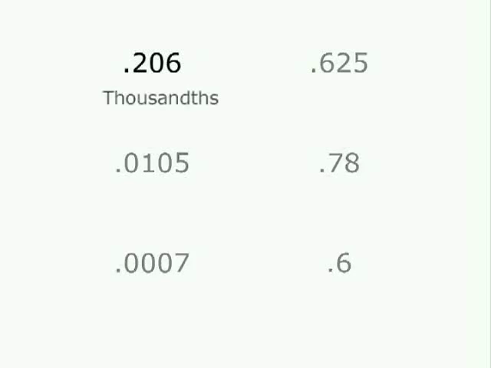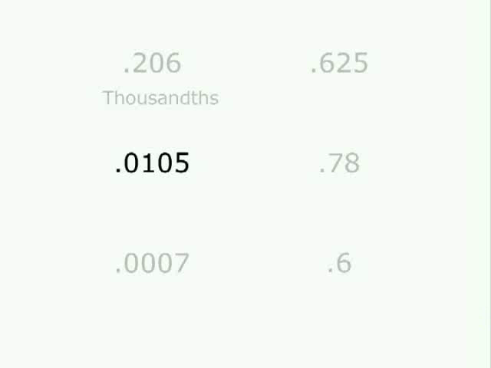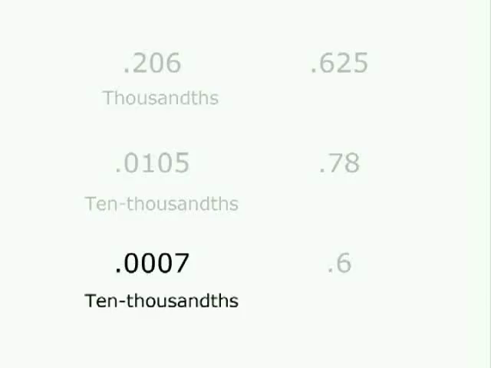Okay, the first one is in the thousandths place value, and the number part is 206, so it's 206 thousandths. The next one's place value is 10 thousandths, and it's read as 105 10,000ths. The third one is also 10 thousandths place, and you read it as 7 10,000ths.